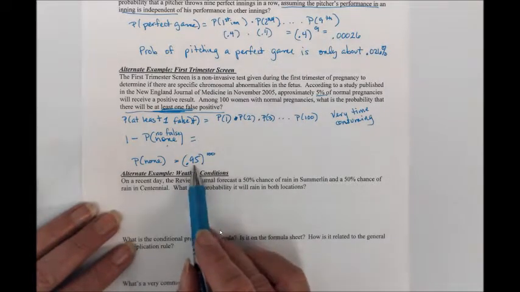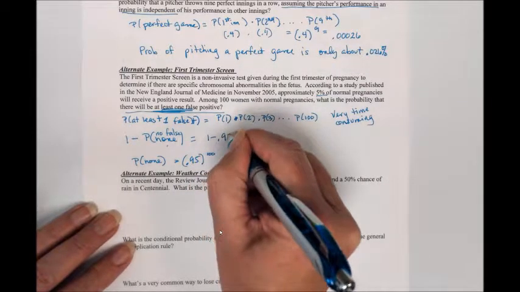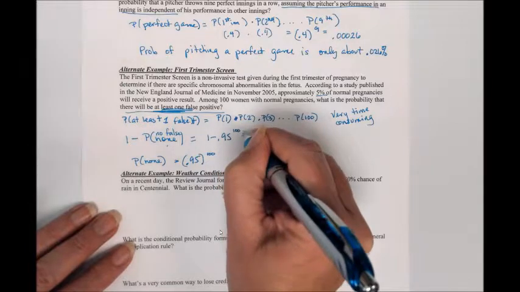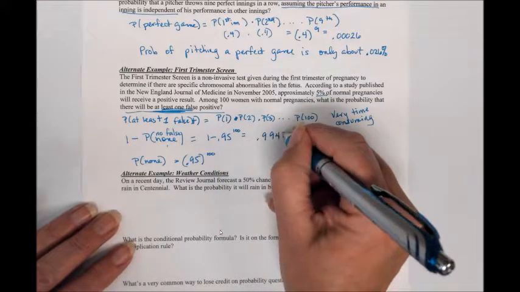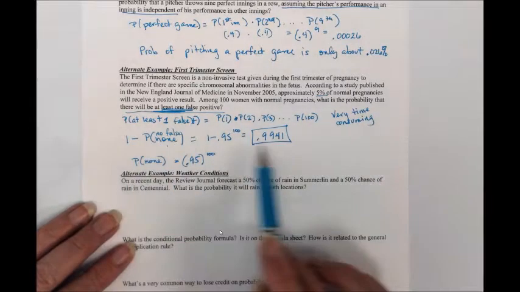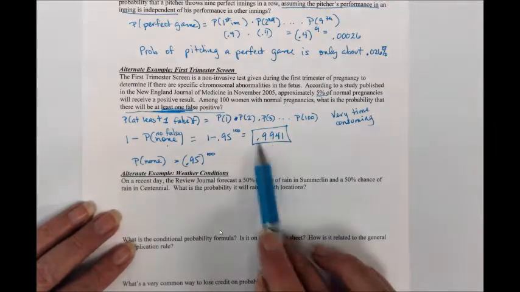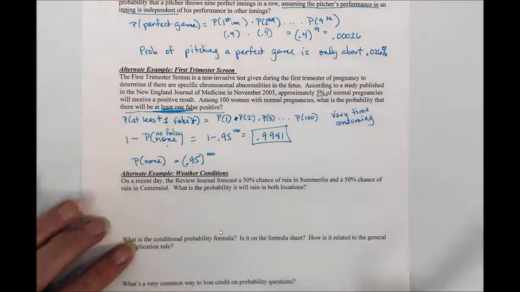So we would do 0.95 to the 100th power. So if I do 1 minus that, I'm going to get 0.9941. So there's over a 99% chance that at least one of those women is going to get a false positive.